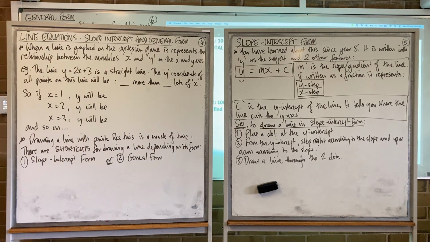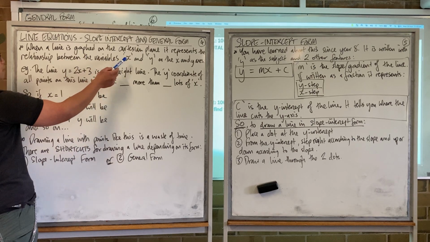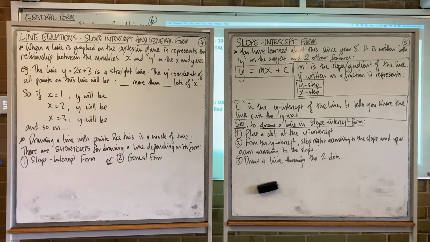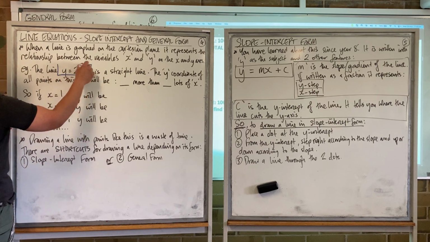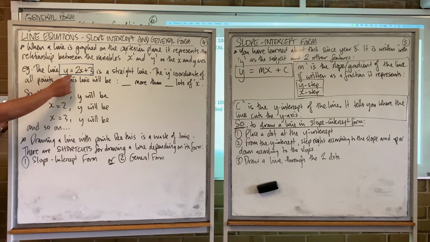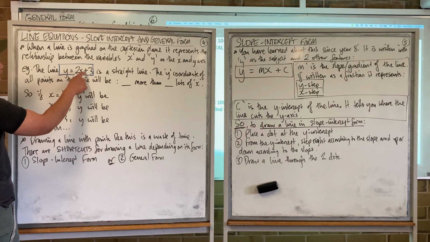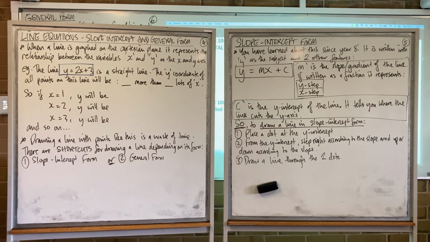So, for example, to give you an idea of what I mean by the Cartesian plane and the line being a representation of the relationship, this is the equation of a line. y = 2x + 3 is a straight line. What is this equation telling you? The y-coordinate of all points on this line will be, if I'm adding 3 to something, how much more will it be? 3.